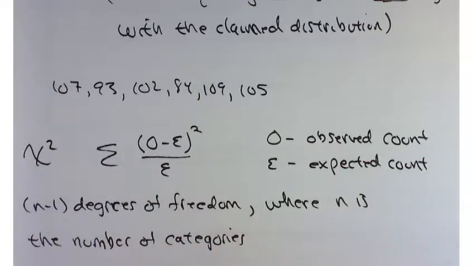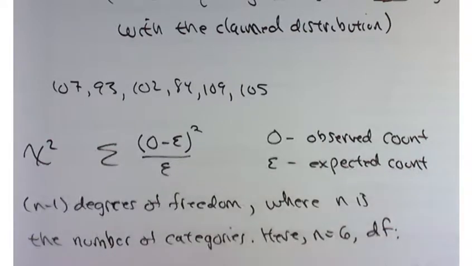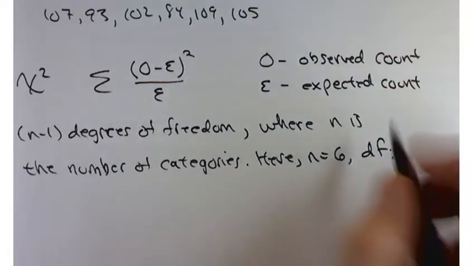In our particular case, since we roll a die with 6 sides, n equals 6. Our degrees of freedom then would be what? 5. Good. Degrees of freedom would be 5.